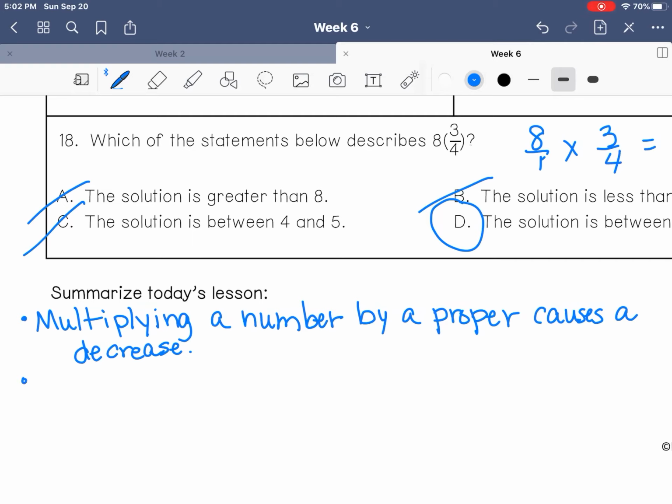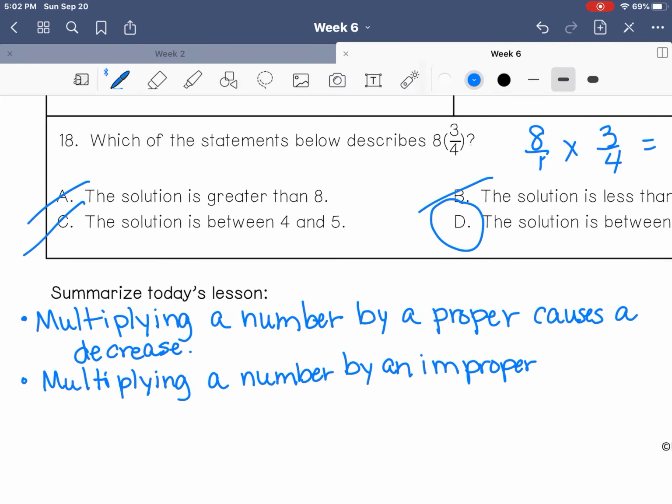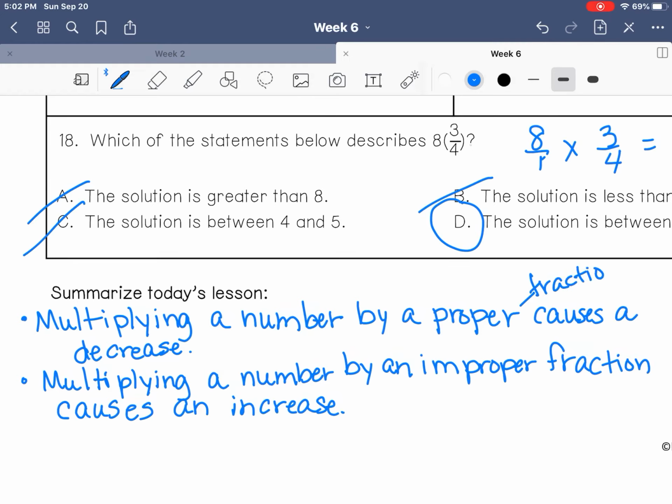Alright, that's one thing. Multiplying a number by an improper fraction causes an increase. I should have put the word fraction here. I just realized that.